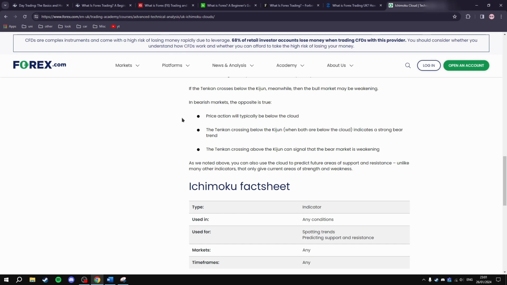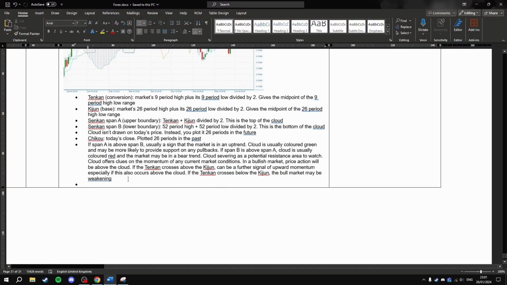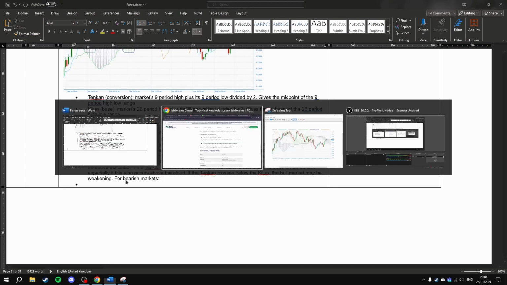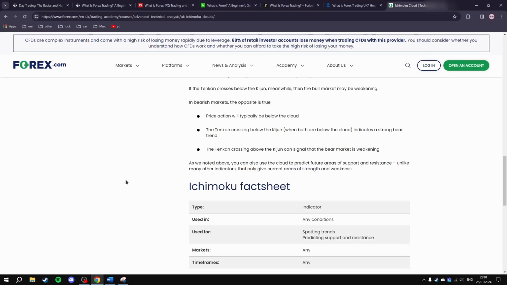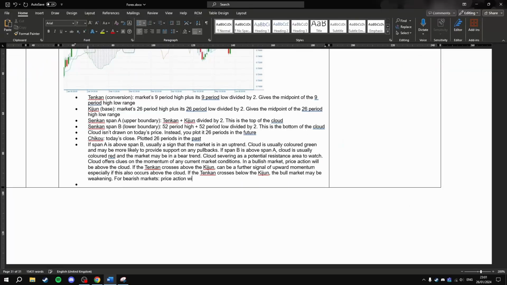In bearish markets, the opposite is true. Price action will typically be below the cloud.